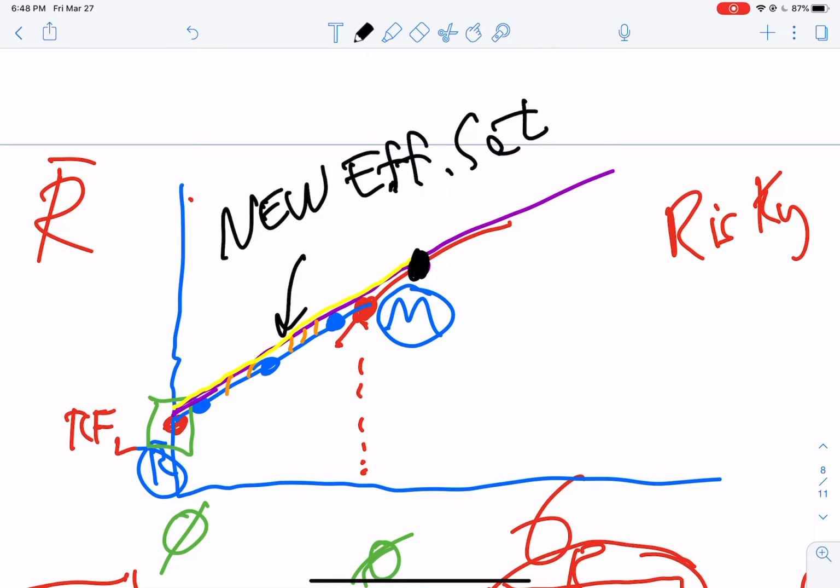So point R involves a weight in R of 1 and a weight in M of 0.